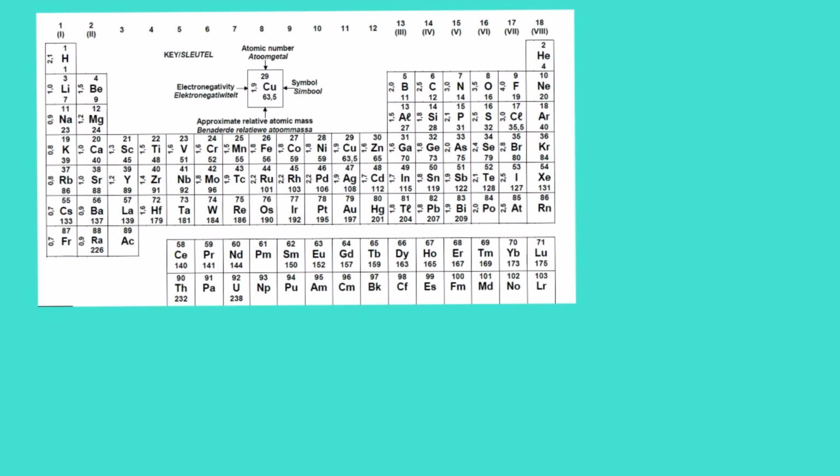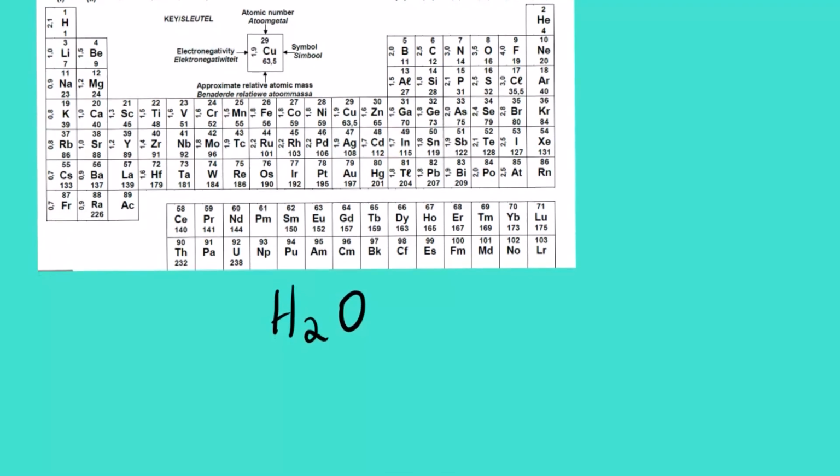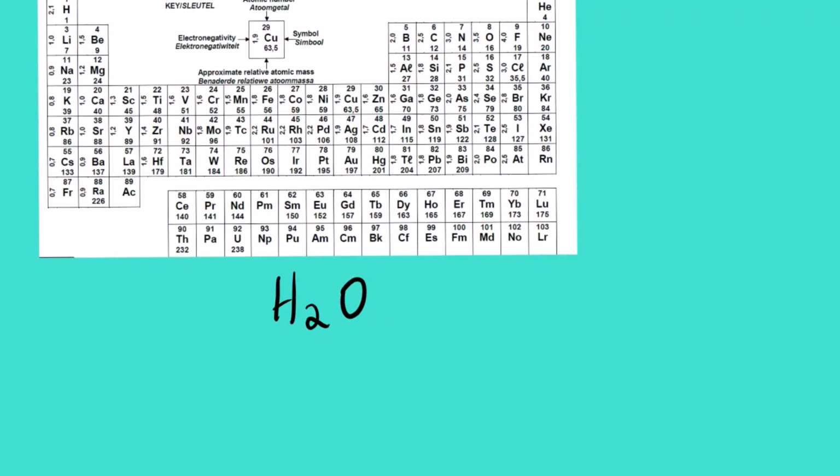Now let's say we want to calculate the molar mass of H2O. Now we check. In this compound we have two different types of elements, and then we focus on each element.